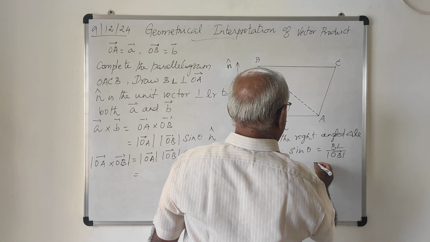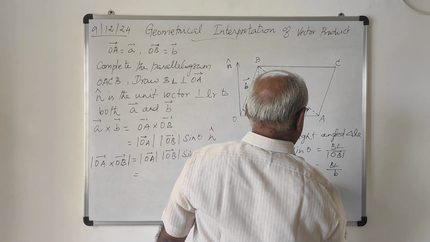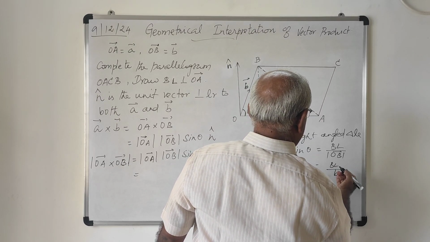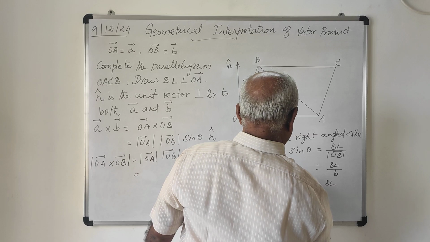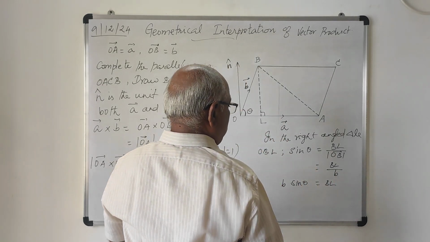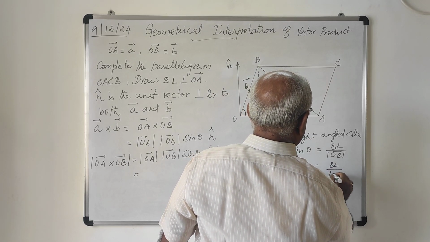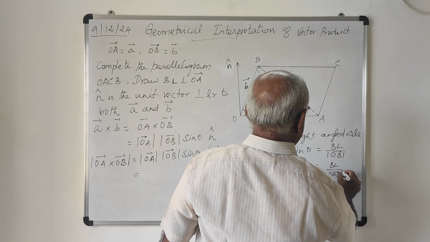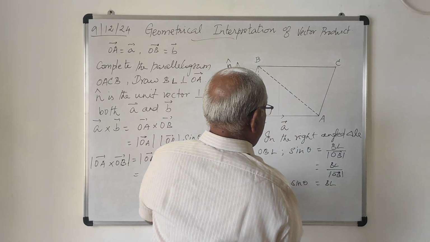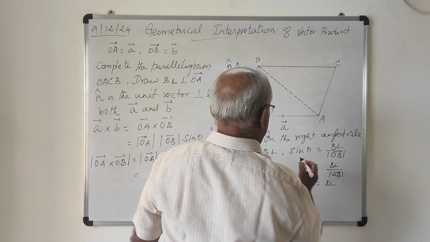OB is mod of OB, so BL by B equals sin theta. So BL equals B sin theta, or mod of OB sin theta. Mod of OB is OB, so you can write it as OB itself. So BL is mod of OB into sin theta.